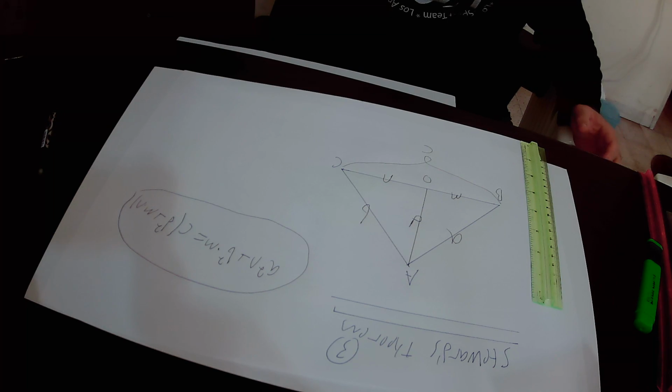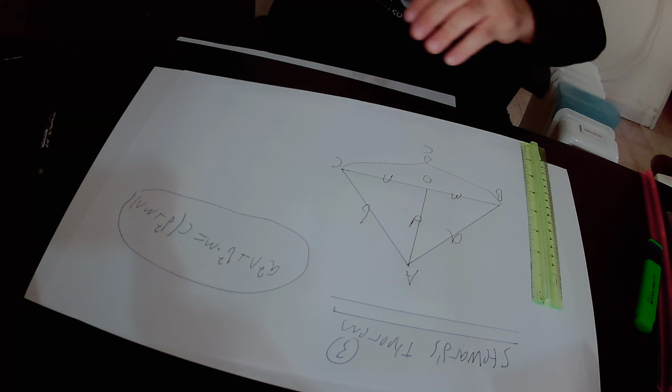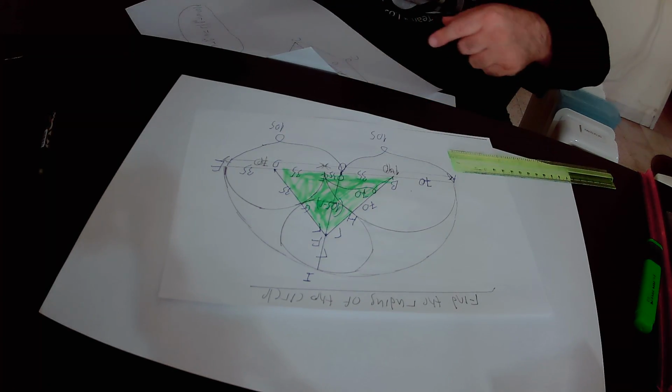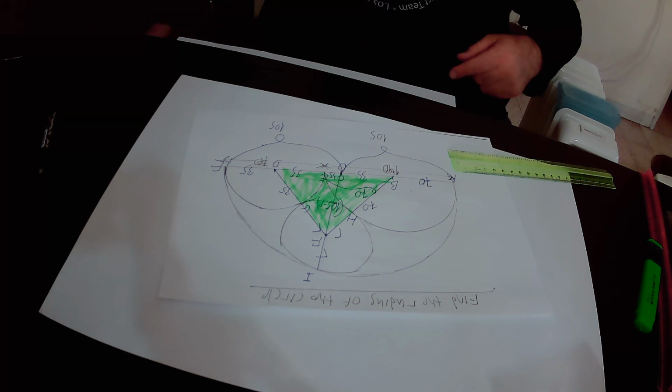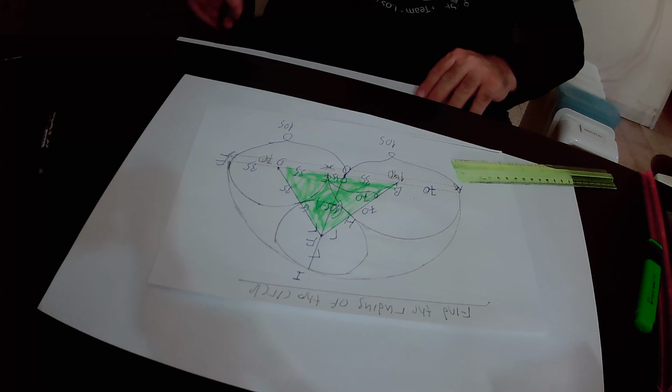Okay, therefore we can implement this Stewart's theorem in our green triangle FBD. So I'll copy the green triangle FBD onto a new page and we will implement Stewart's theorem on it.